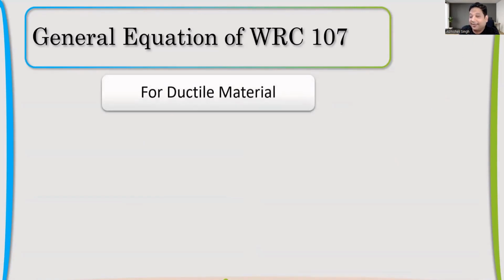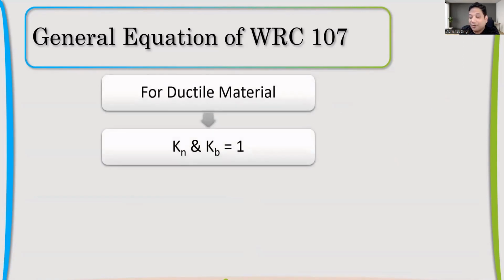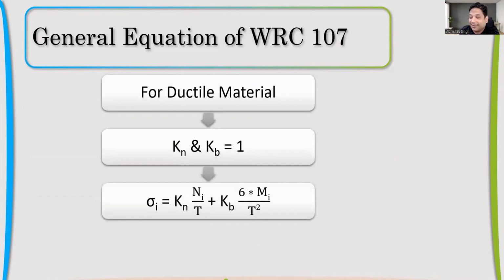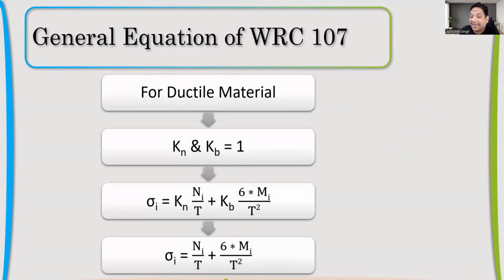Great. Now for ductile material, we saw Kn and Kb are 1. So this equation we can write as Ni by T plus 6M by T square. Exactly what we got: the stress due to membrane force plus stress due to bending. Both are summed.